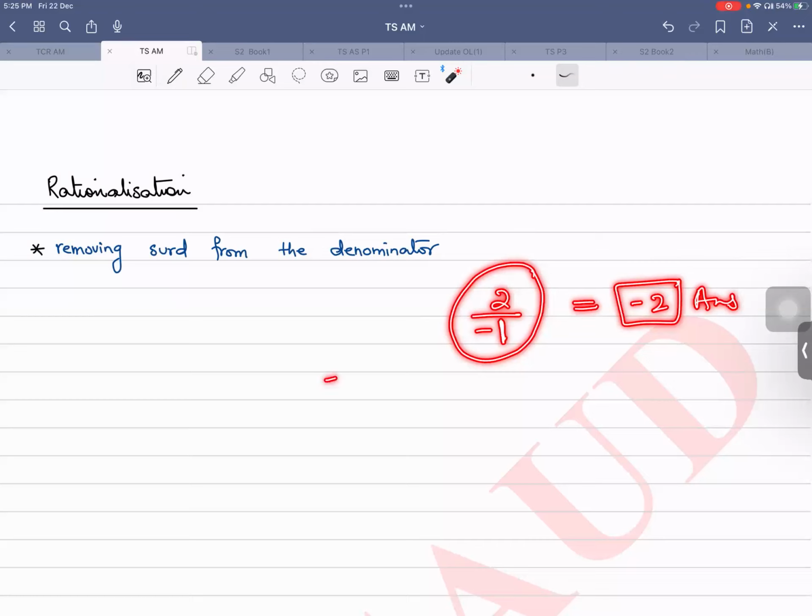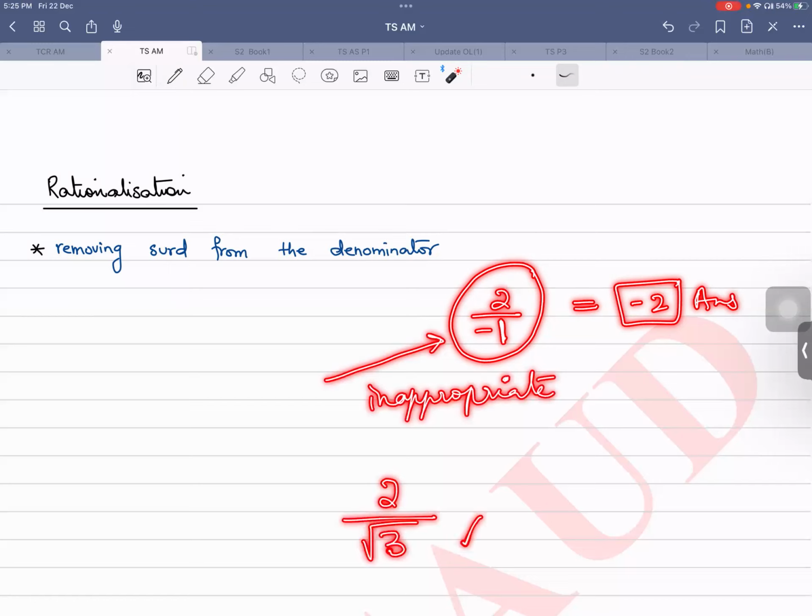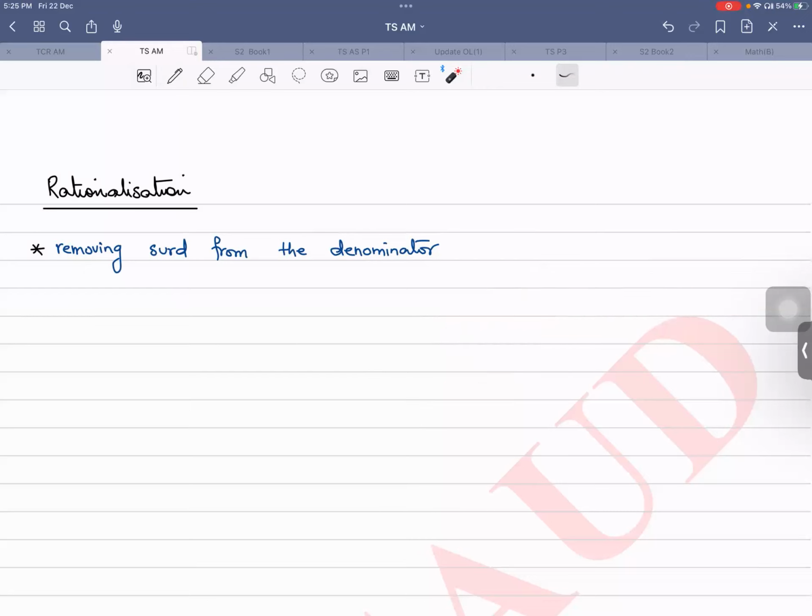Because it is inappropriate to write a square root in the denominator. तो वो square root खत्म करने के लिए we rationalize to remove the surd from the denominator.